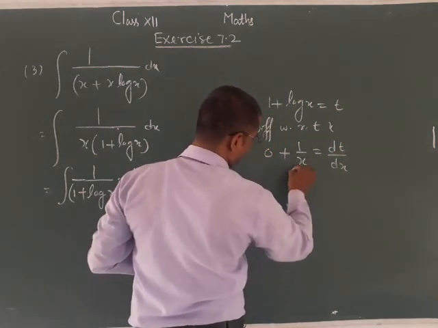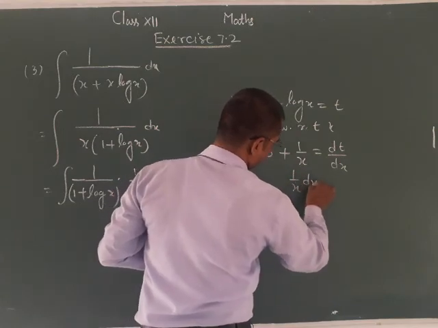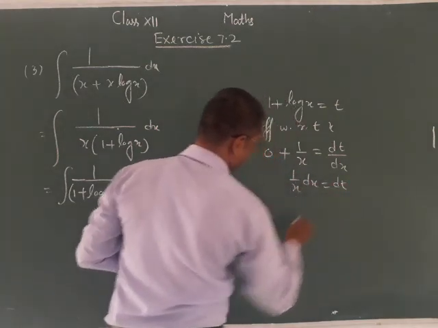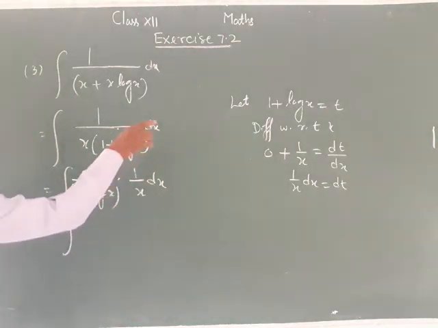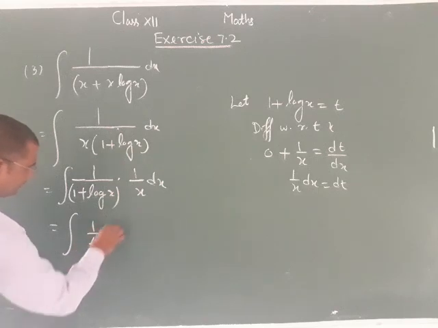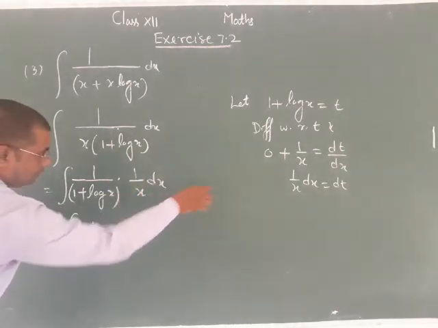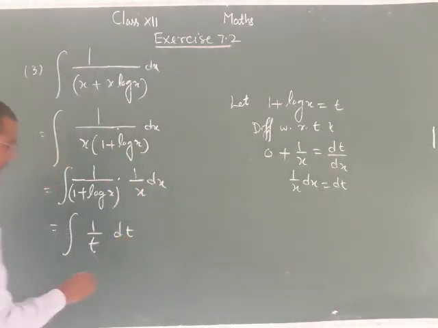So 1 upon x dx is equal to dt. So we can write 1 upon t dt.